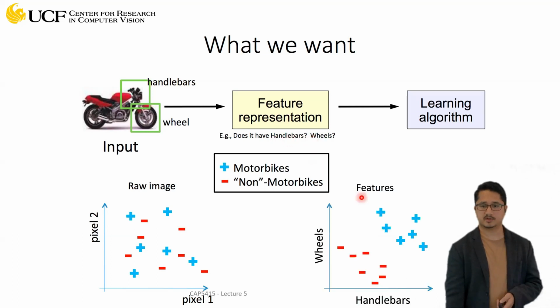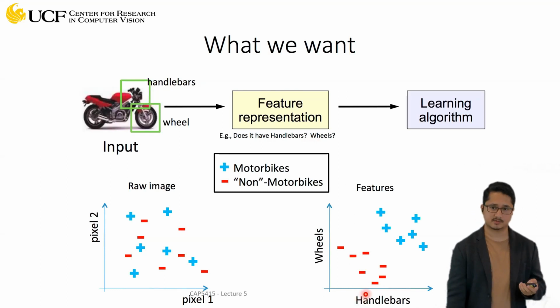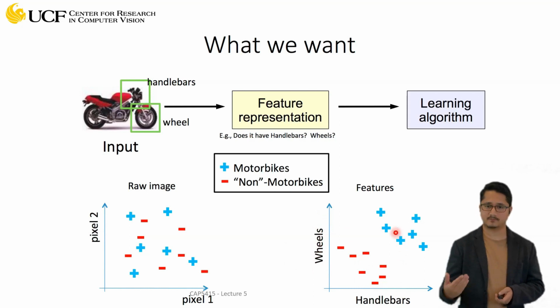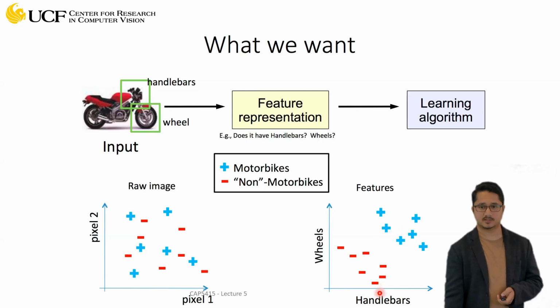Now what we can do is, instead of the axes representing each pixel, they represent these concepts. Let's say the x-axis is handlebars and the y-axis is wheels. Then if you plot different images, your images of motorbikes will have handlebars and they will have wheels.